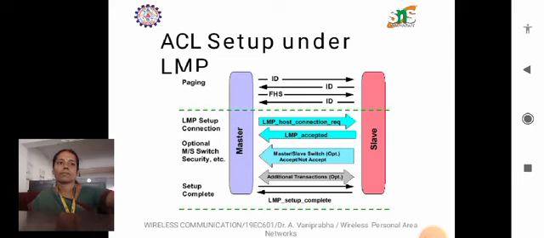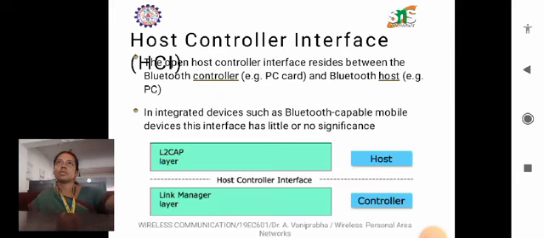So the next segment is the host controller interface. HCI is an interface between the host, typically the operating system or application, and the Bluetooth hardware controller. It consists of a command interface and an event interface. HCI commands are used by the host to instruct the Bluetooth controller to perform various actions such as scanning for devices, establishing connections, and configuring connection parameters.